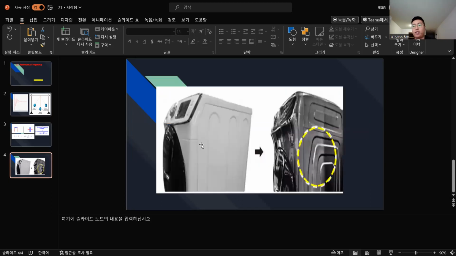A good example is the laundry machine. Sometimes we can see laundry machines shaking really hard. Why does it happen? The machine has its own frequency, and inside the machine there's also cloth, which when it moves also has its own frequency.